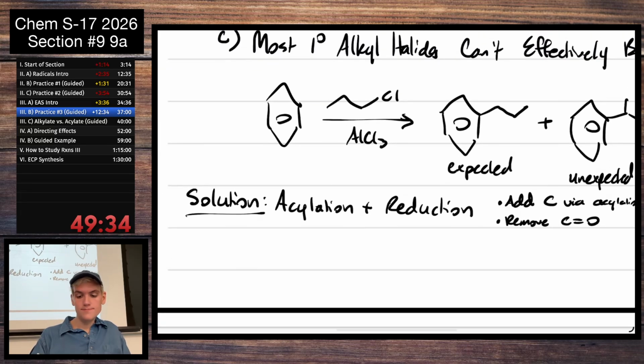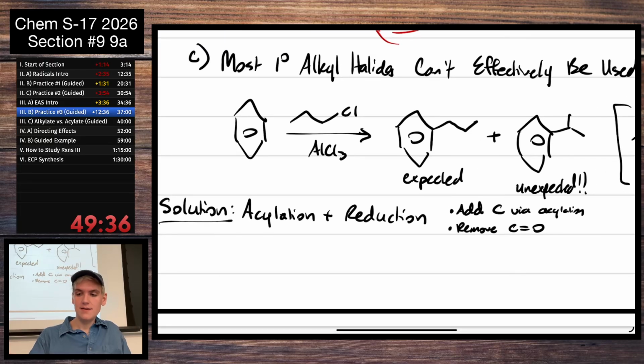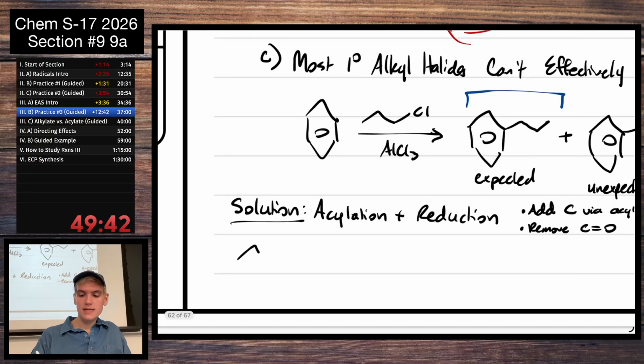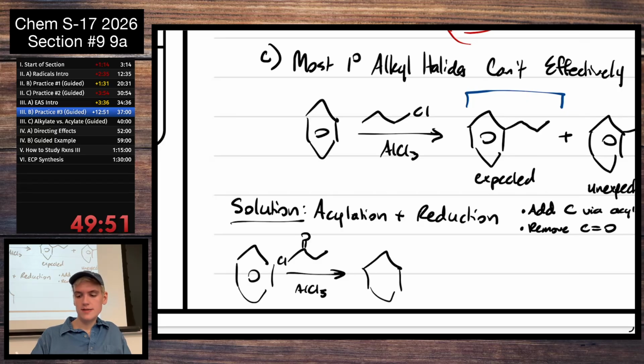So for example, if we were to try to make this product over here, the non-rearranged propyl, what we would do is step 1, we would do our propionyl chloride with AlCl3. We're doing our acylation, and we've added our 3 carbons.